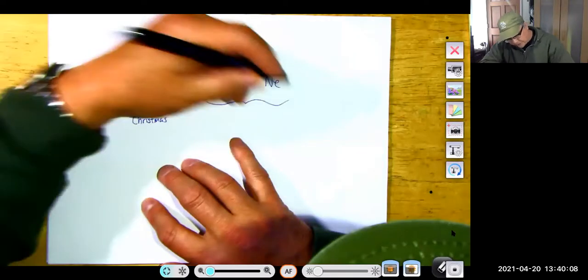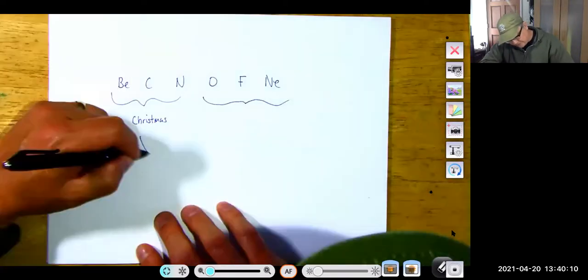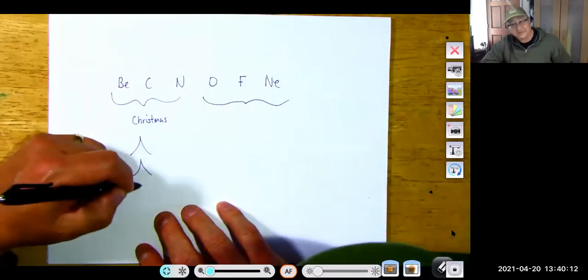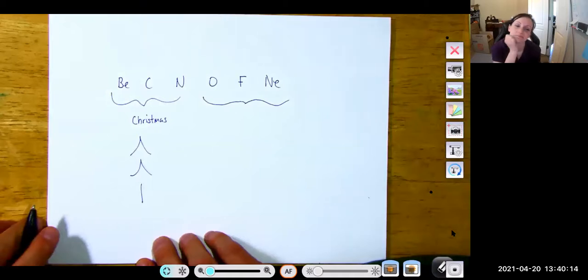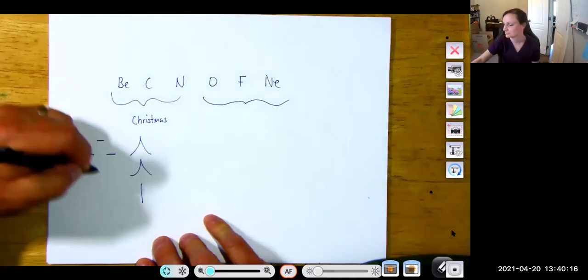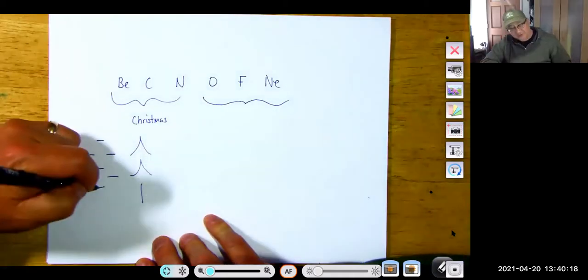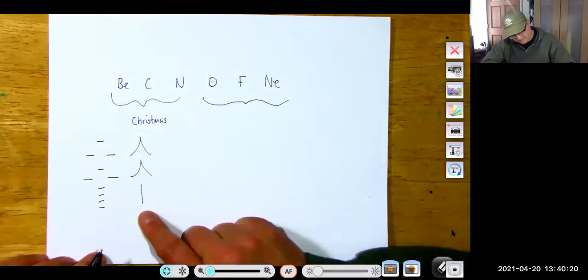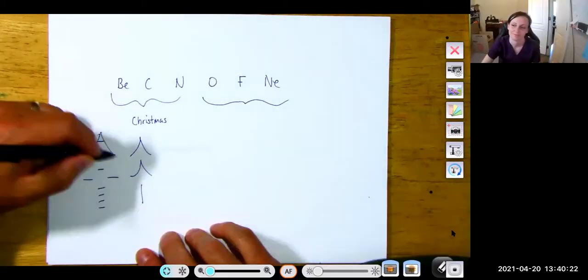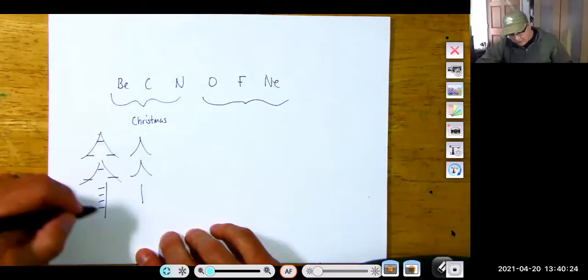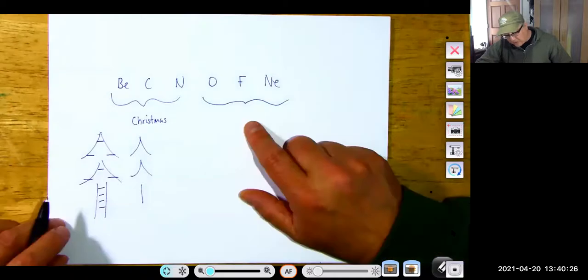Because Christmas trees look like this, right? And that's the general look of this one. That's why I call it the Christmas tree. And here I call these the palm tree, but maybe you want to call it something else.